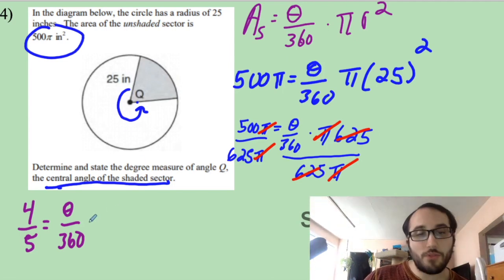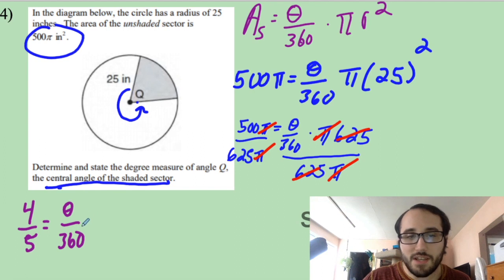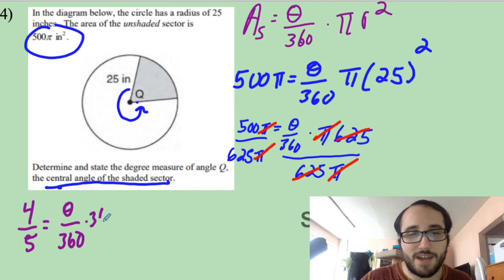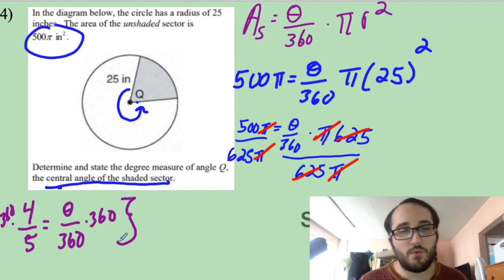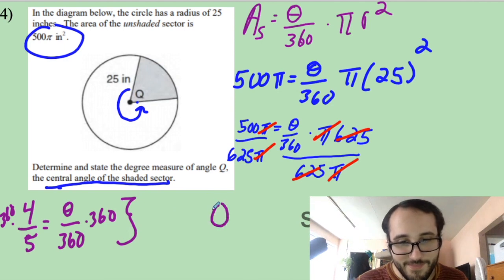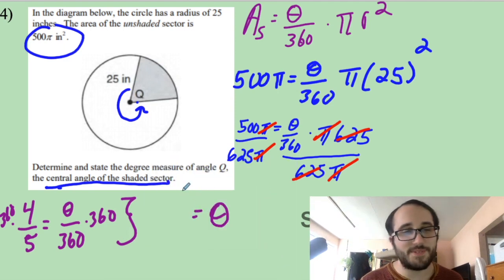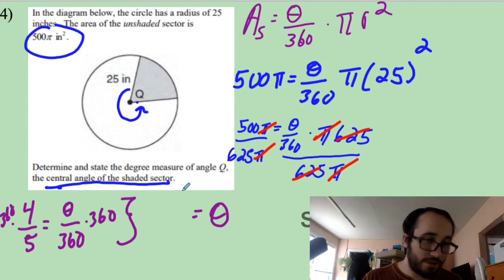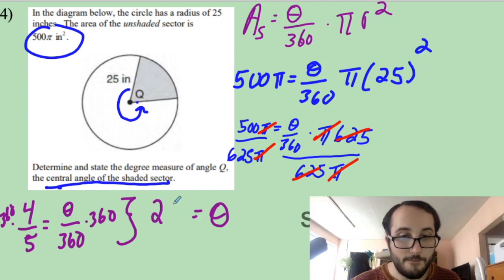So what could I do on the right-hand side to get rid of 360? Well, the inverse of dividing by 360 is multiplying by 360. So we're going to multiply both sides by 360, and you're left with theta equals 360 times 4 is 1440. 1440 divided by 5 is 288. Because this is theta, that's degrees.